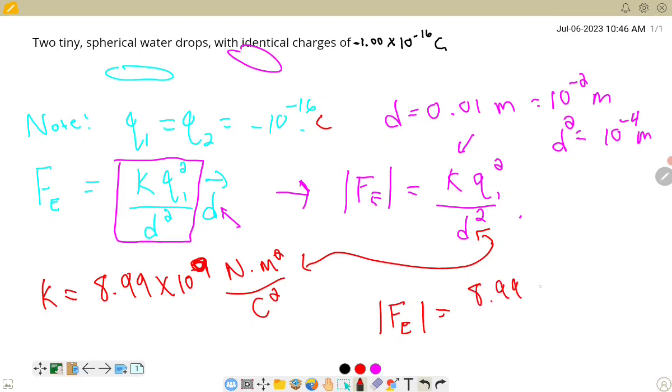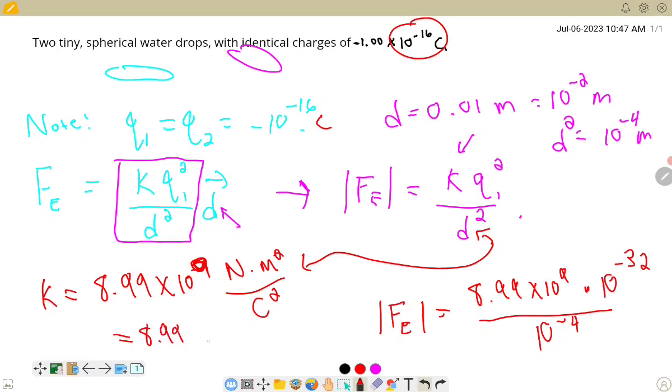Just put in the k, which is 8.99 times 10 to the 9th, and then we can put in the q squared, which is going to be 10 to the negative 32, because it's 10 to the minus 16 squared. And then we're going to divide that by 10 to the negative 4, because d squared is 10 to the negative 4.